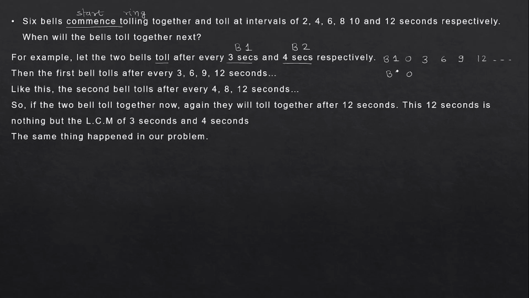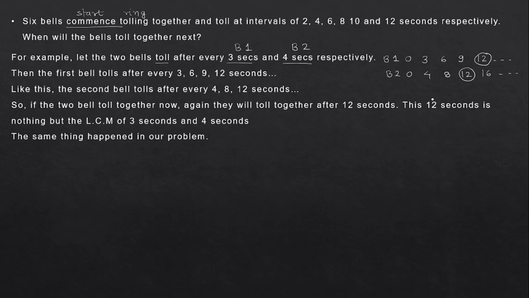Bell 2, which also started at 0 seconds, but since it is ringing every 4 seconds, will next ring at 4 seconds, 8 seconds, 12 seconds, 16 seconds and so on. Now, at what time earliest are they ringing together? Here I can see they next ring together at 12 seconds.